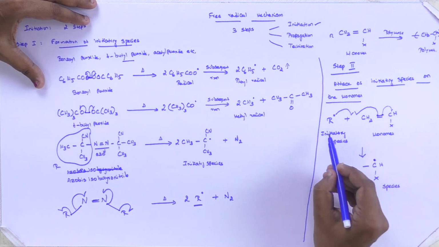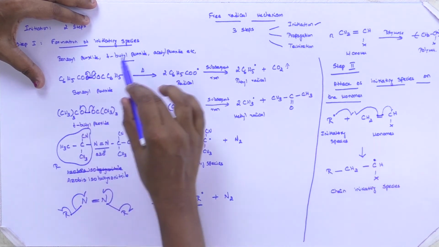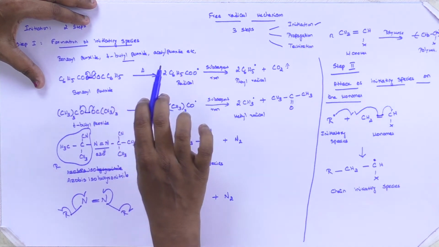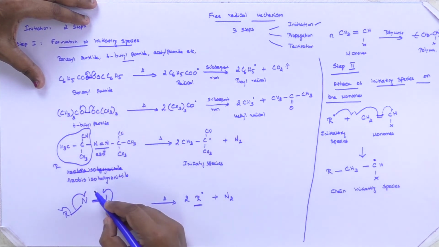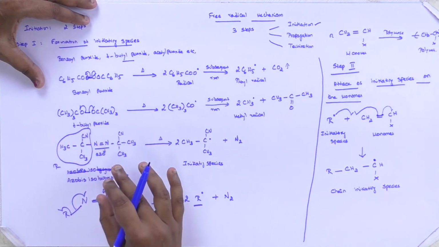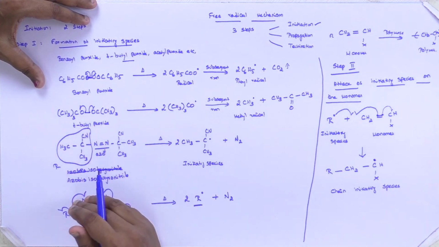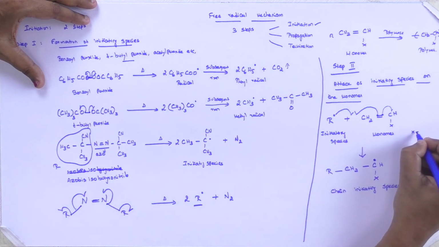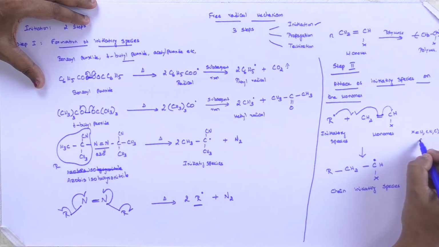So, by using a very small amount of initiators such as benzoyl peroxide, tertiary butyl peroxide, acetyl peroxide, or azobisisobutyronitrile, a whole variety of monomers can be polymerized. This X may be hydrogen, CN, Cl, C6H5, CH3.